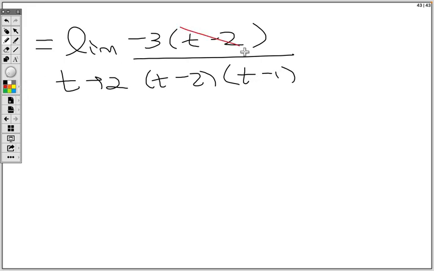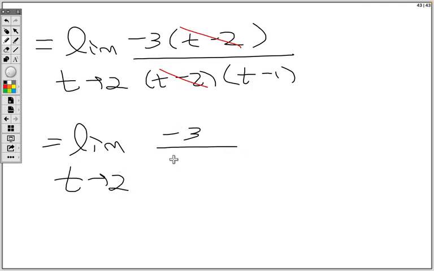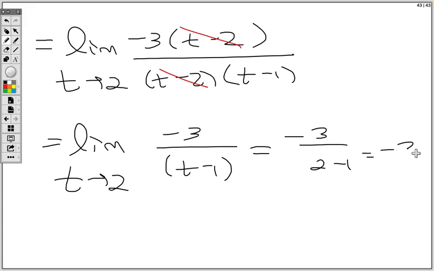Let's cancel out. Once again, this is why it's important we've got this limit out front. Because the function negative 3 over t minus 1 is different than this function here, but only different at 2 itself. The limit doesn't care what's happening at 2 itself. Now I can just use the substitution rule here and get negative 3.